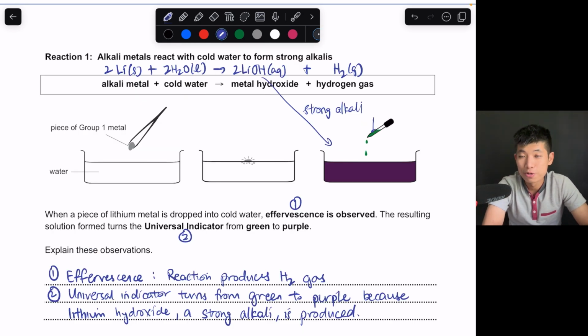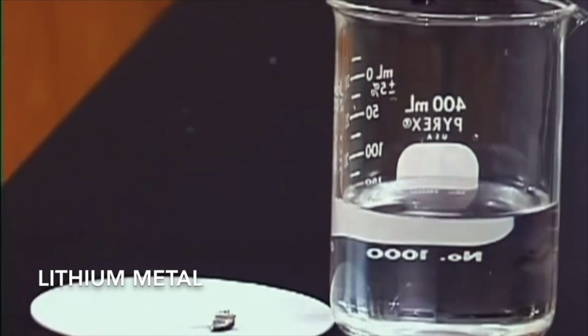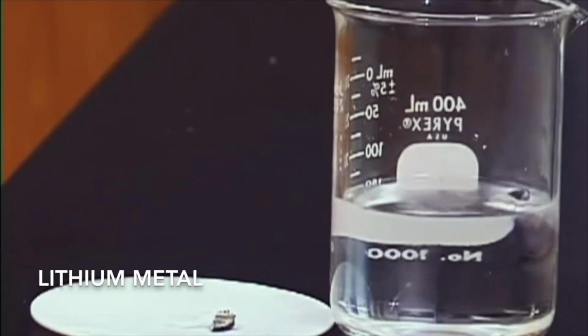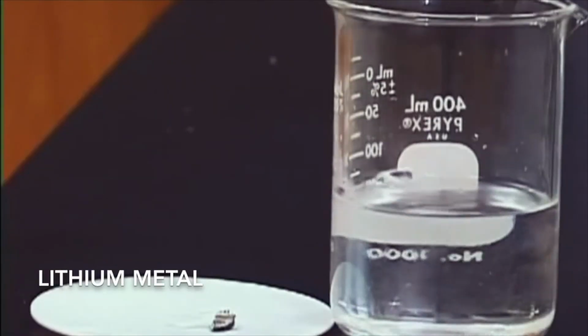I'll now show you a video of the reaction between lithium, sodium and potassium with water, and you can compare the difference in their reactivity. When placed in water, lithium metal reacts vigorously with water. Notice the bubbles of gas and the heat that is produced by the reaction.